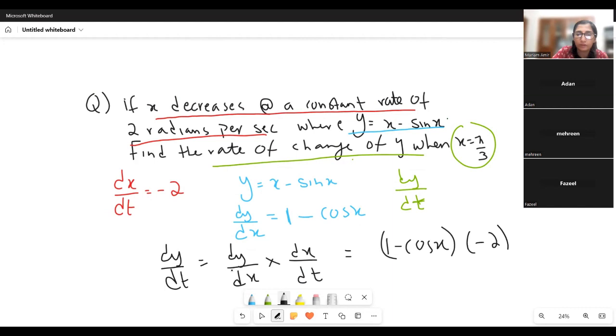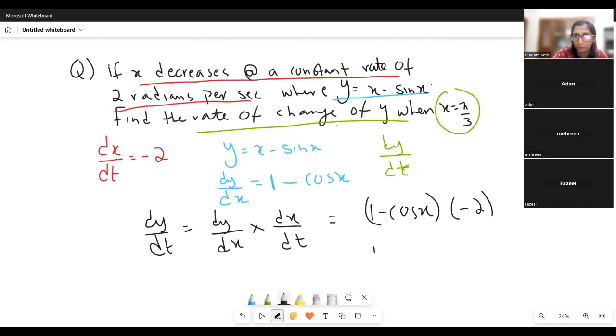Now x is given, which is pi by 3. Substitute that. So that is going to give us minus 1. Let me just confirm.